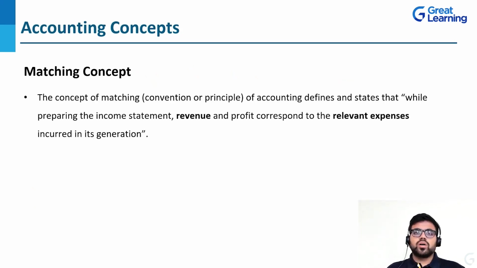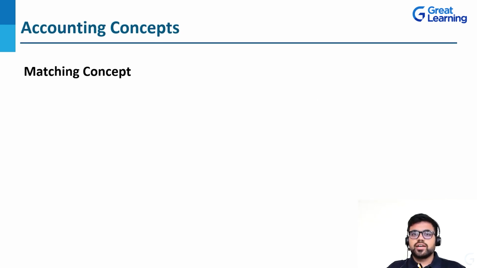Next, we talk about the matching concept. In this concept, I'll explain with the help of an example. Let's say that you are a retail seller and your business is selling phones. In order to sell phones, you purchase 20 phones. So I'll say by quantity and revenue.